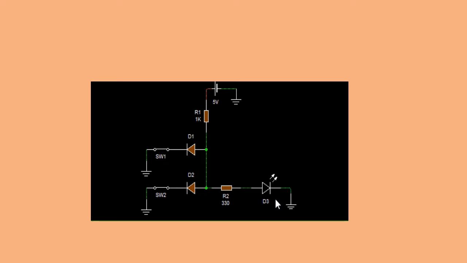The second condition. When switch 1 is in logic low state and switch 2 is in logic high state. Now we see the current flow direction through the circuit. Now the diode D2 branch is open and the diode D1 branch is connected with the ground.